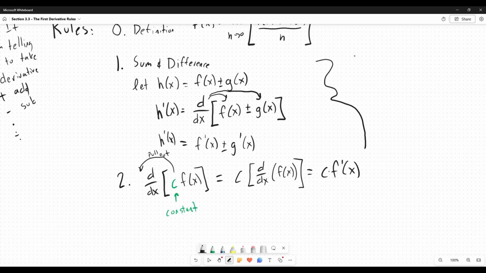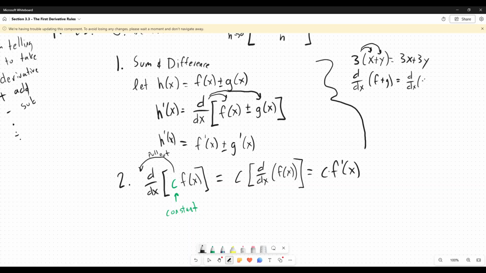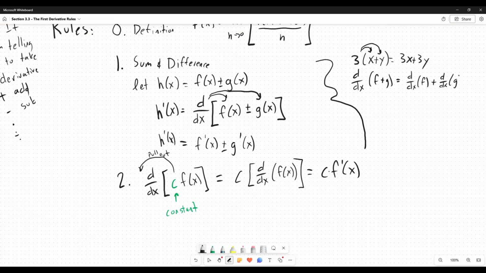And here's what I mean by that. 3 times x plus y, we distribute the 3 to 3x plus 3y. d over dx of f plus g is going to be d over dx of f plus d over dx of g.